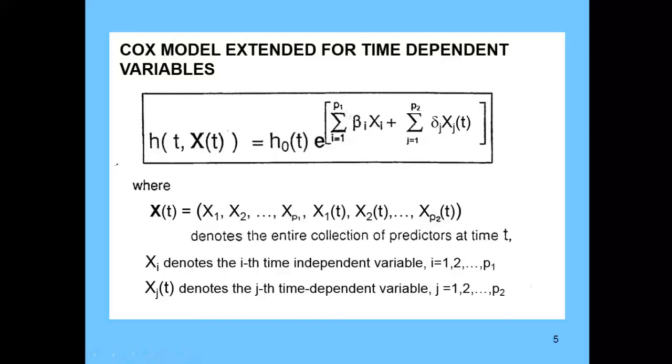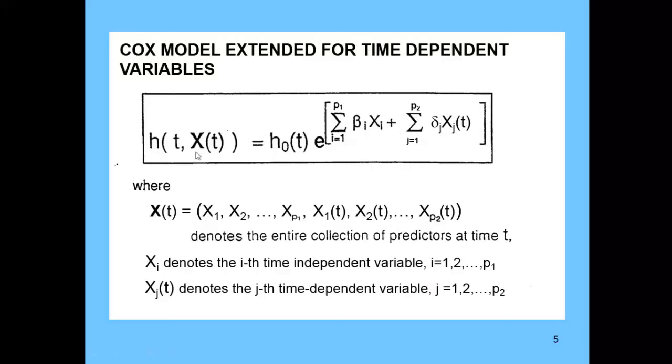These are variables that, as far as you're concerned, are time independent. That could be a treatment status variable, either you get the treatment or you don't, it doesn't change. And then there are some other variables in the model that are time dependent. So an extended Cox model allows you to have both time-independent variables and time-dependent variables in the model. That's what an extended Cox model is.